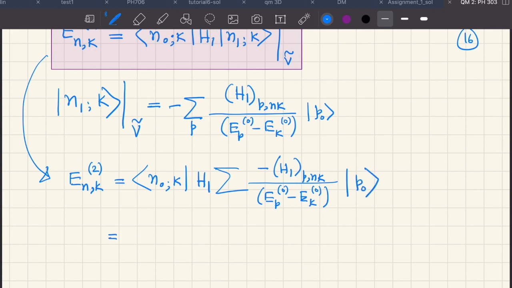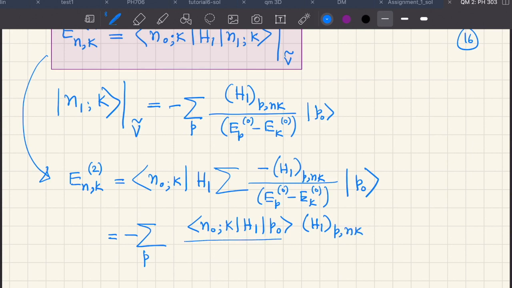And therefore I can take this sum over p, we will have ⟨n0K|H1|p0⟩, and then we will also have H1_{p,nK} divided by E_p^0 minus E_K^0.